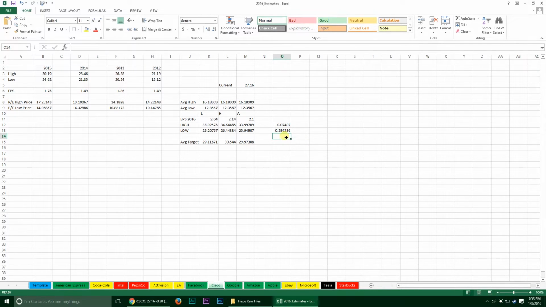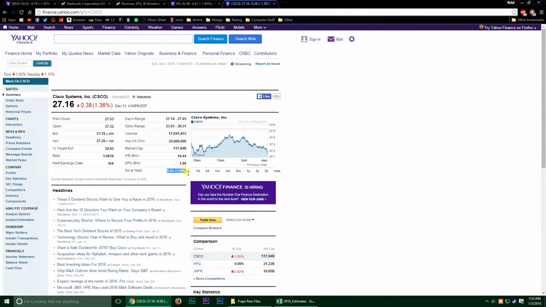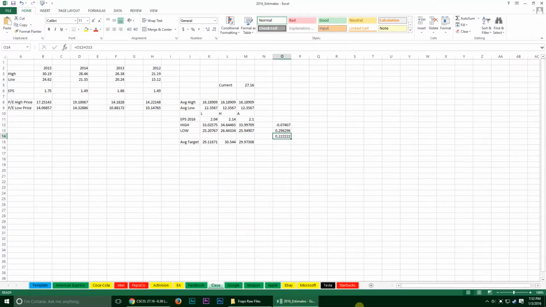And then if you want to get the net gain, all you do is add this plus this, which means that you have about a 22% net gain, but Cisco also pays dividends, which is about 3%. So it would be 22 plus 3, so about a 25% net gain is what you're expecting from Cisco.